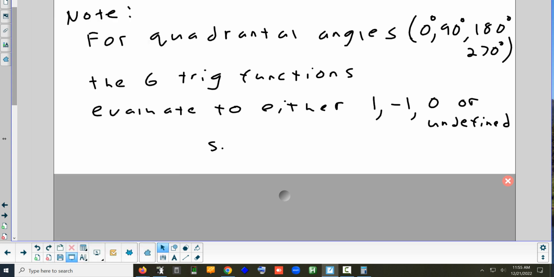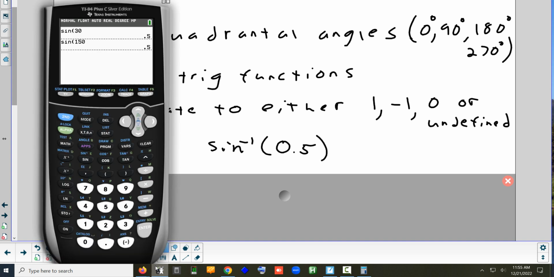So if I do the inverse sine of 0.5, what am I going to get? 30? But couldn't you also get 150 technically? Yeah, you could get 150, but the calculator is not going to tell you it's 150. It's going to give you the smallest one. It's always going to give you the one that's in quadrant 1 in this case.